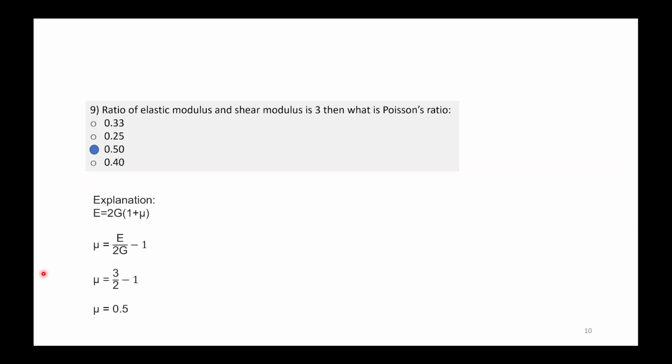And here mu equals E upon 2G minus 1. Here E upon G is given as 3. So 3 by 2 will be 1.5 minus 1. So it will be 0.5.